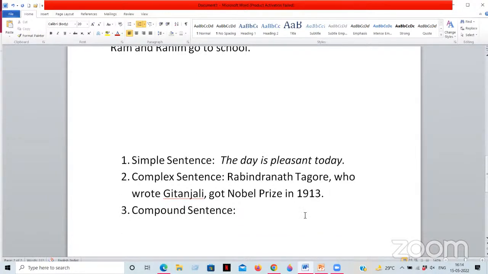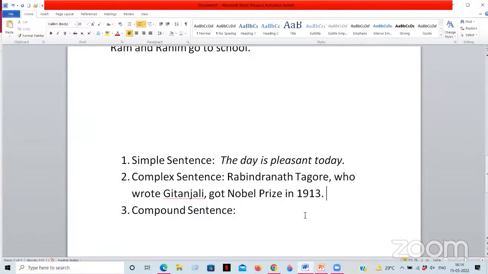Here are two clauses. Now clauses have also several types. Basically there are two clauses. One is independent, another one is dependent. If the clause is dependent on the main clause, then that is what is called subclause or a dependent clause. And the main clause has its own meaning.